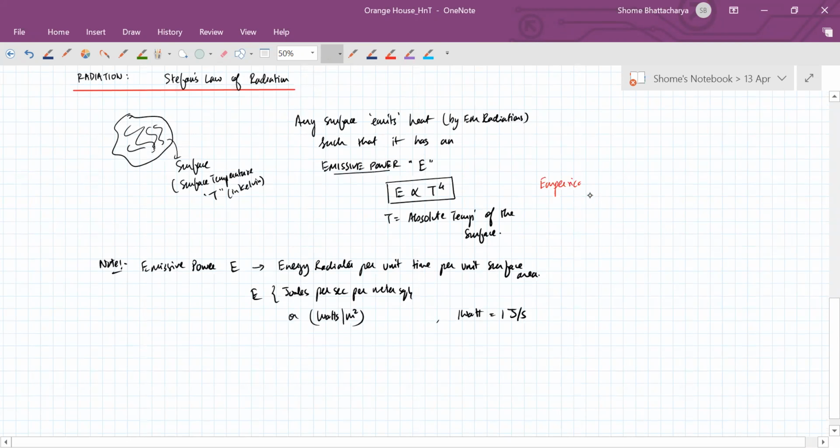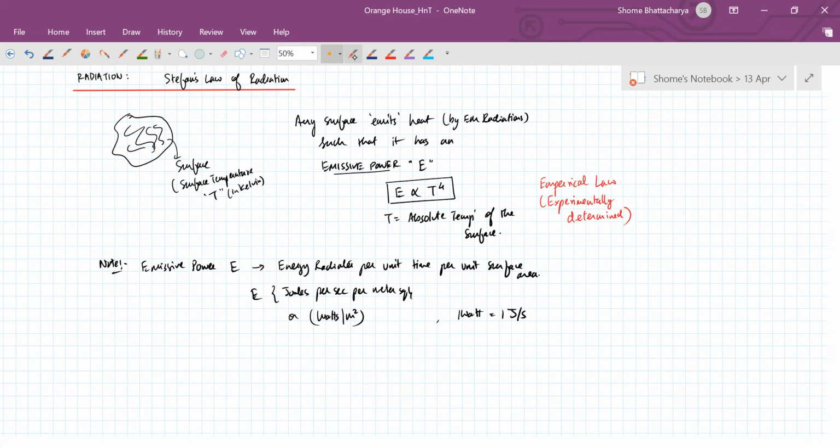That means it is not derived theoretically, but from experiment. So just make a note of this so far. Then I'll explain the constant of proportionality in this equation.